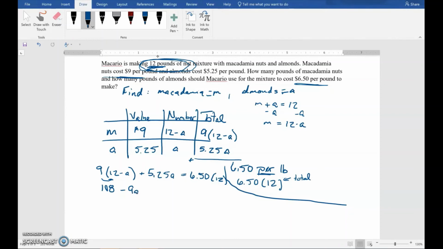Minus 9A plus 5.25A, and 6.50 times 12 is 78. Combine like terms. Negative 9 plus 5.25 tells me that this should be 108 minus 3.75A.